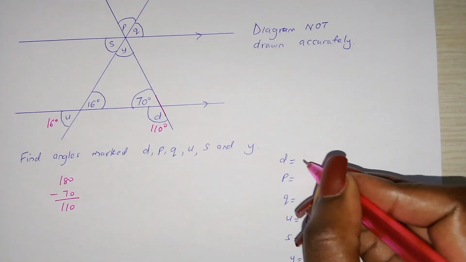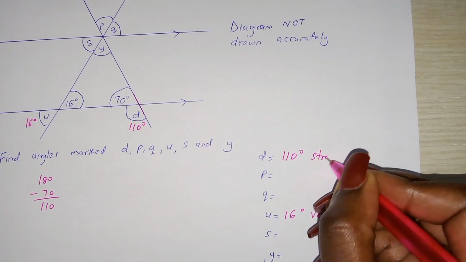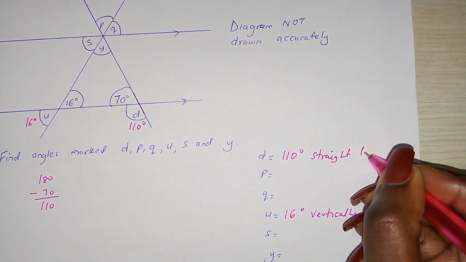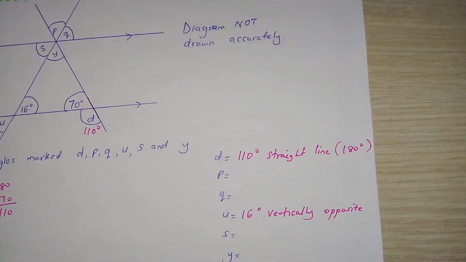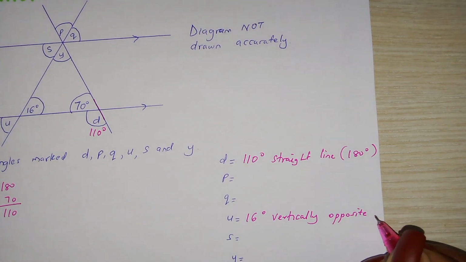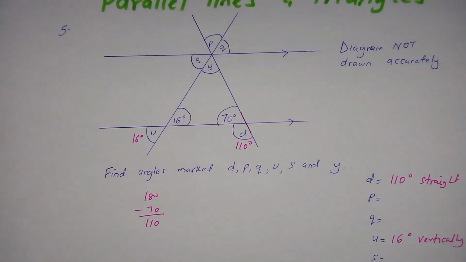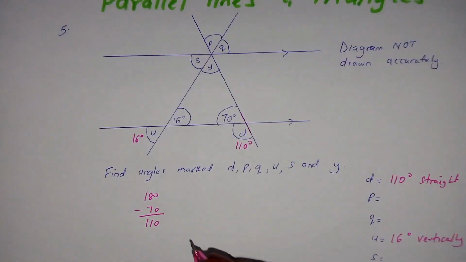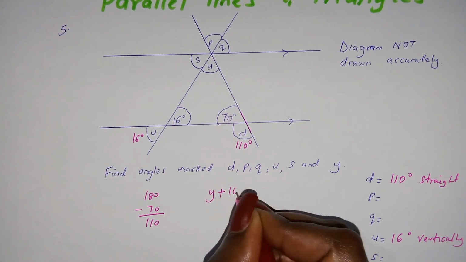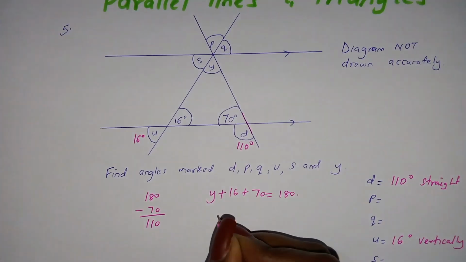So for D we have used a straight line, add up to 180. So this one vertically opposite, they're equal. Okay, so now we can find Y. This is a triangle, so therefore Y plus 16 plus 70 equals 180.